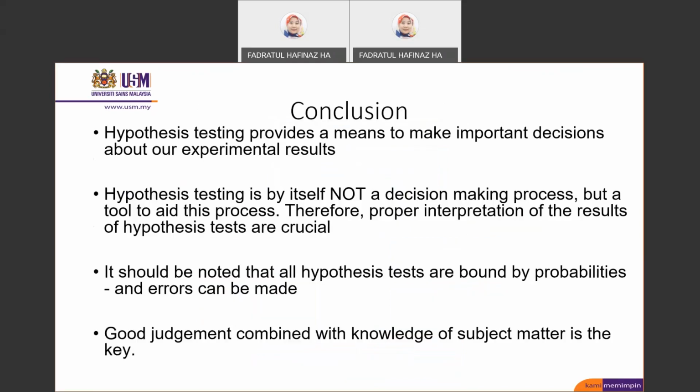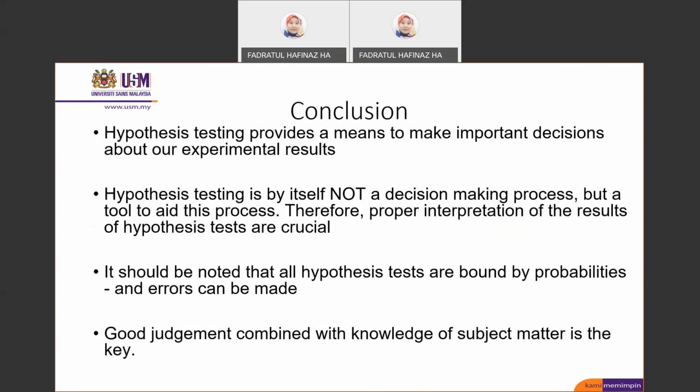Okay, so here is the conclusion for today's lecture. Hypothesis testing provides you a means to make important decisions about your empirical experimental results. Hypothesis testing by itself is not a decision-making process, but just a tool to aid in making decisions. Therefore, proper interpretation of the results of hypothesis testing is crucial.